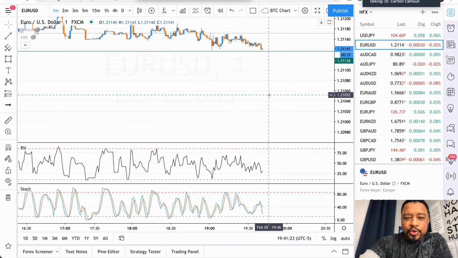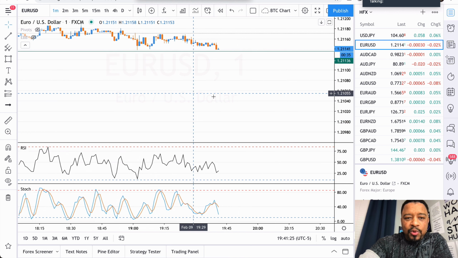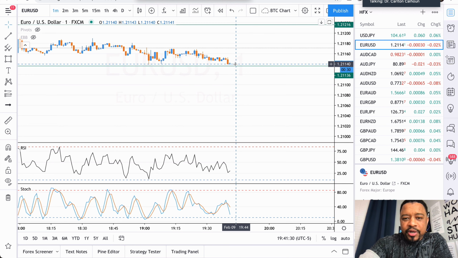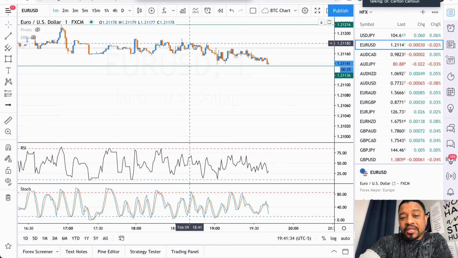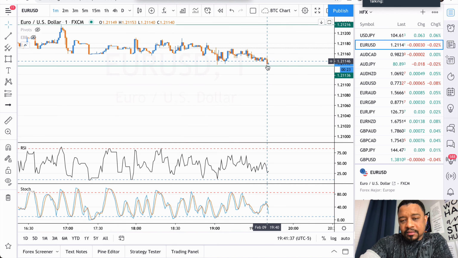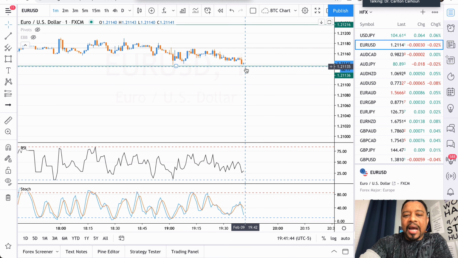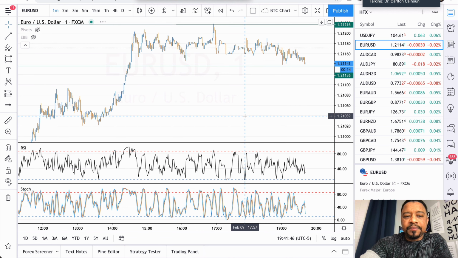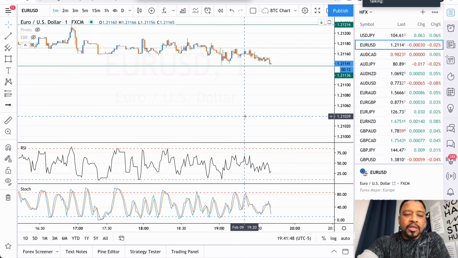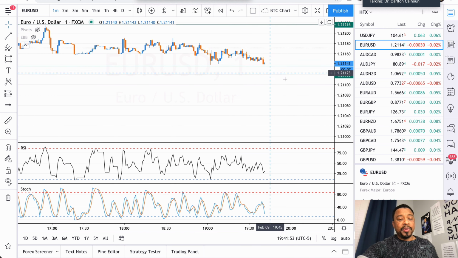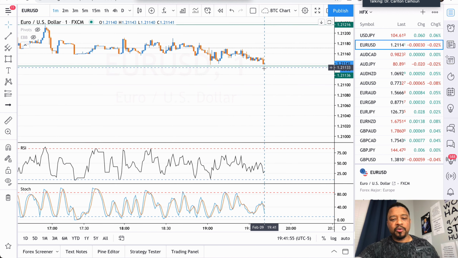But this is one of those trades. I wouldn't tell you all to take it, but if I were by myself, this is one of those trades where I would take for a longer time frame because I know the direction is on my side. It could potentially come back here, but I know that's going to break out at some point. So that's one of those 10, 15 minute trades, but I still need it to peak. On the 1 minute, I still need it to peak below this area.